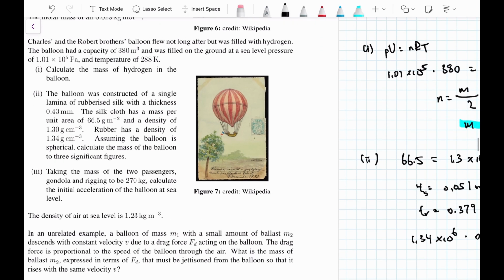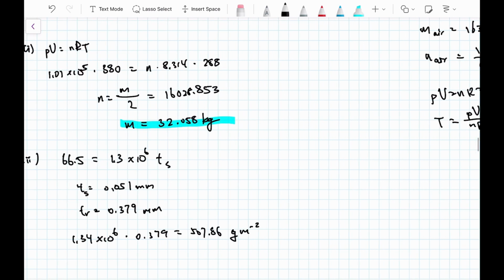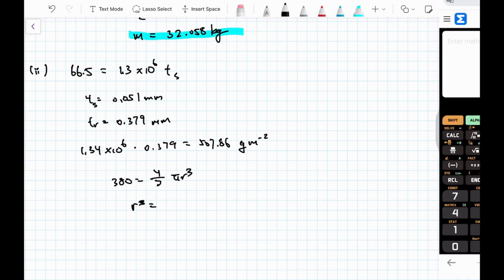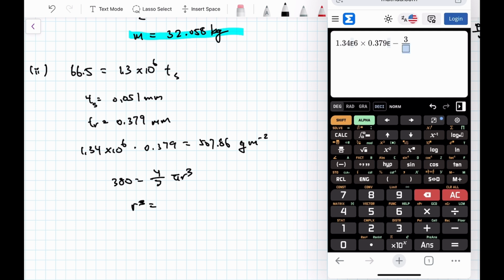And it's given that the balloon is perfectly spherical. So therefore 380 should be equal to 4 over 3 pi r cubed. So r cubed should be equal to 380 times 3 over 4 and then times pi.